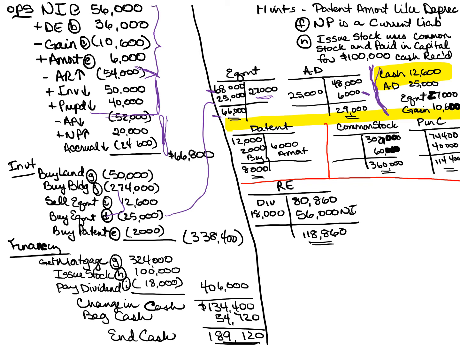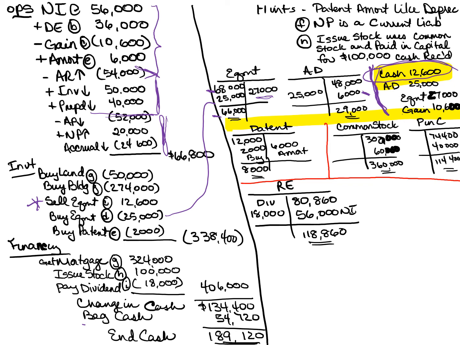So we also had a gain on that sale of equipment at 10,600. So the amount of cash that I received when I sold that equipment was 12,600. And that's what shows up in the investing section, the amount of cash you receive, not all the other stuff that's in there.